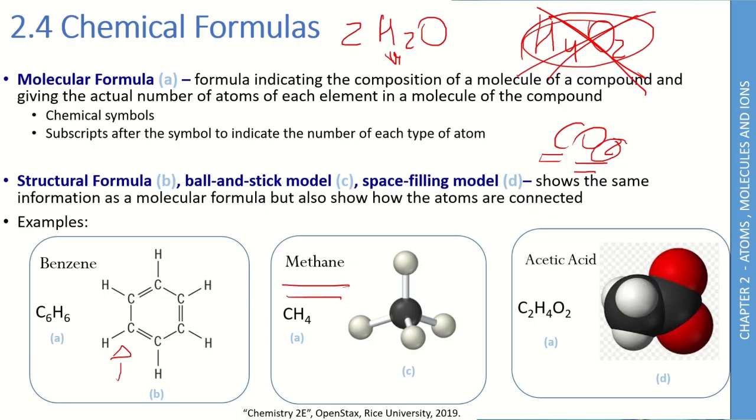They show the same information as a molecular formula, but also show how the atoms are connected. Here I can tell you that it is a tetrahedral geometry and thus methane, with 4 hydrogen and 1 carbon, right? So there are different ways to show how the atoms are connected.